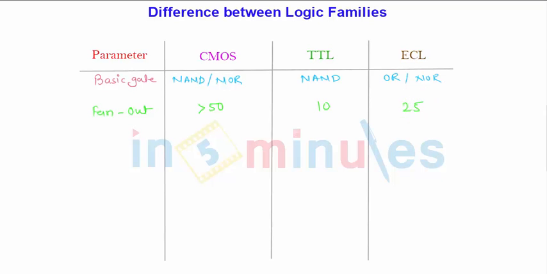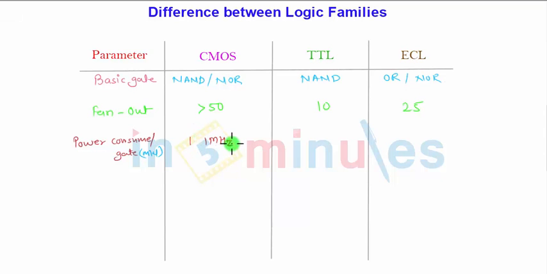The next topic is the power used per gate, or the power consumption. I will write down power consumed per gate, which is measured in milliwatts. Power required for CMOS is only 1 milliwatt at 1 megahertz.